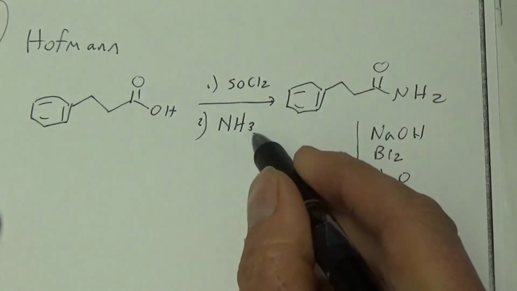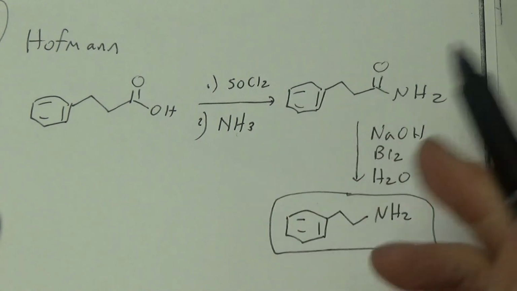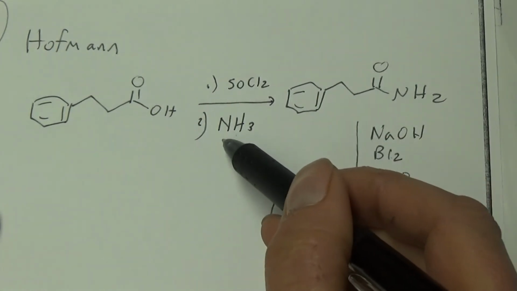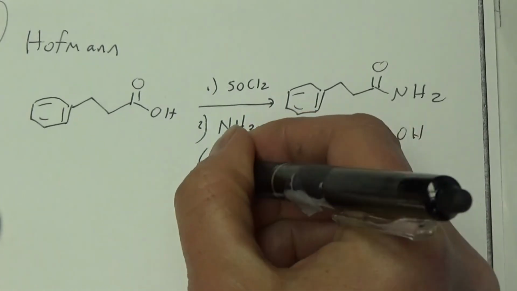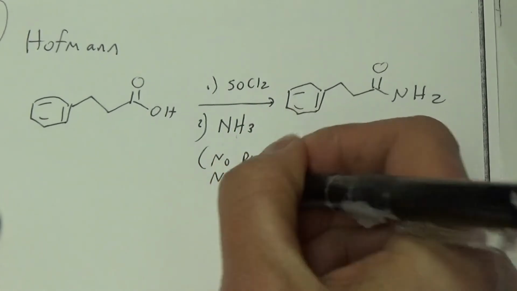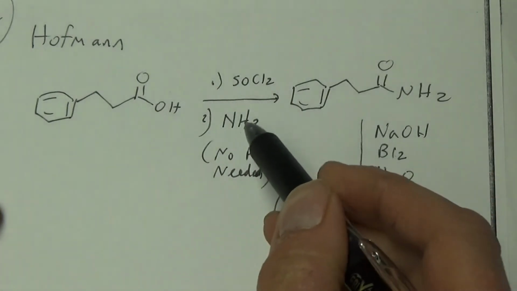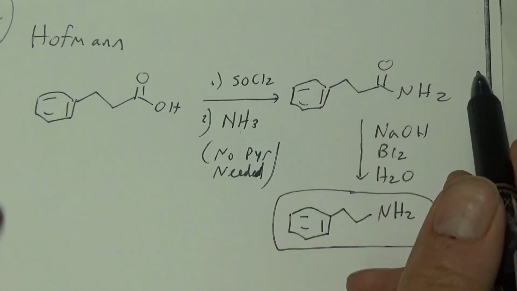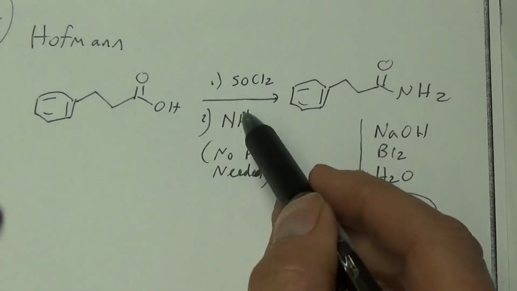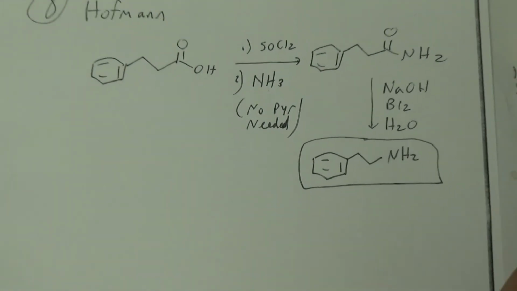We don't necessarily need pyridine because ammonia, NH3, can be a nucleophile as well as a base, so no pyridine needed. If you add pyridine, it's okay, it's a little bit wasteful. So ammonia can be a nucleophile and a base, so make an acid chloride and then the ammonia kicks off the chloride. Okay? Alright.